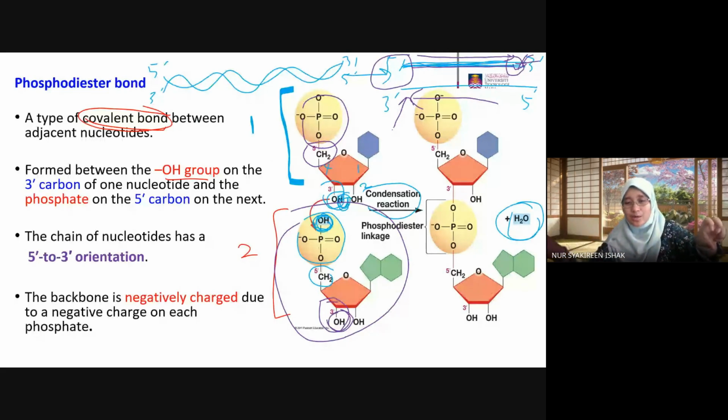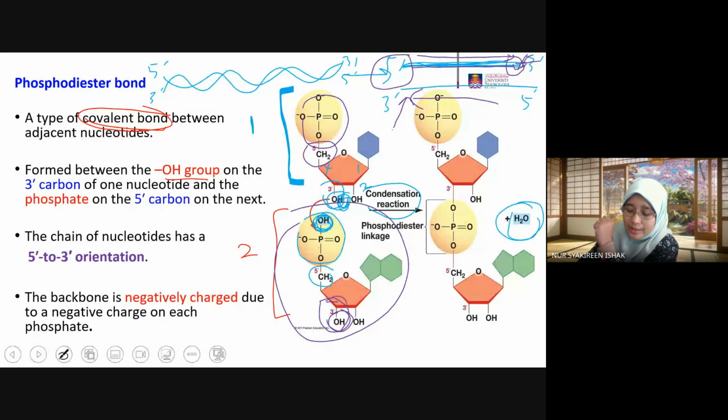Along the chain, the last nucleotide has a free 3' carbon with a hydroxyl group. By having this 3' end, the last nucleotide of the chain is able to accept another nucleotide, and then another nucleotide, and another.